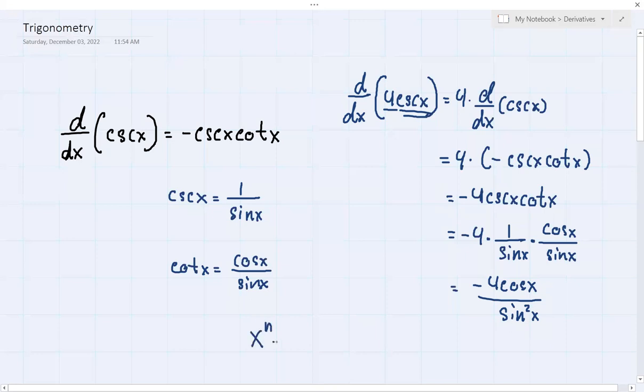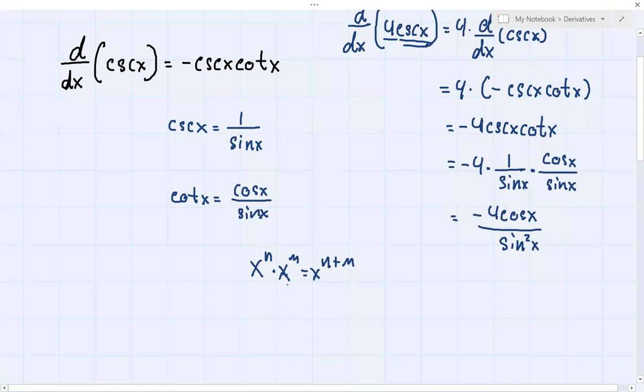If we have x raised to n times x raised to m, this is equal to x raised to n plus m. Okay? Remember that. So, meaning, kapag meron kang magkapares na base, tapos i-multiply mo sila, i-add mo yung exponent nila and copy the base. Okay? Kumbaga, ito, for example, cosine squared x times cosine x.